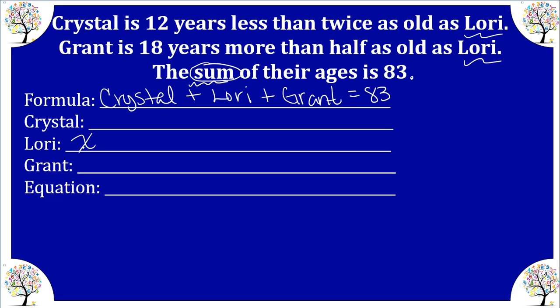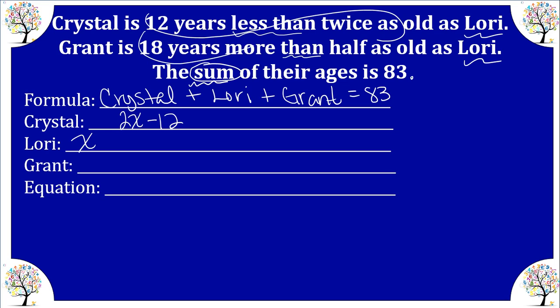Now we're going to use this X to write an expression to represent how old Crystal is. Well, she's 12 years less than. Less than is one of those flip-flop phrases. So 12 years less, that's going to be minus 12, and twice as old as Lori is going to be 2x. For Grant, he is 18 years more than, so more than, the phrase "than" is going to be a flip-flop.